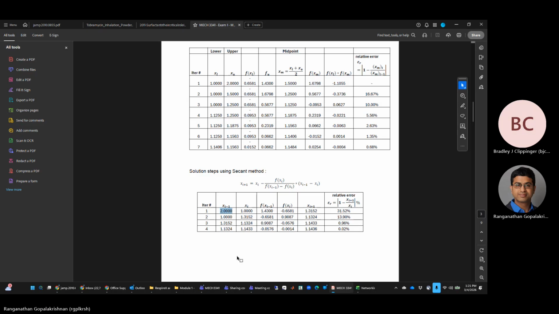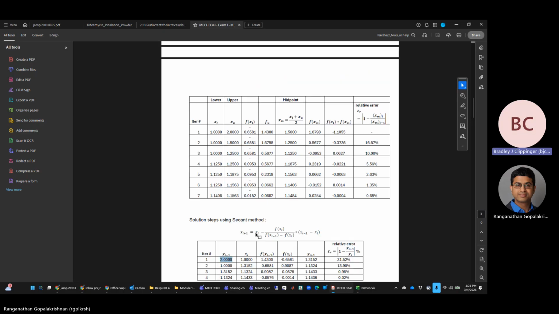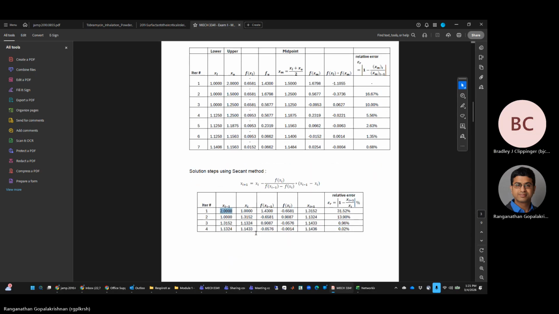So I see on this example for the secant method, your first guess for x_{i-1} was 0.9, and the x_i is 1, correct? Yeah, you can pick different guesses, sure.